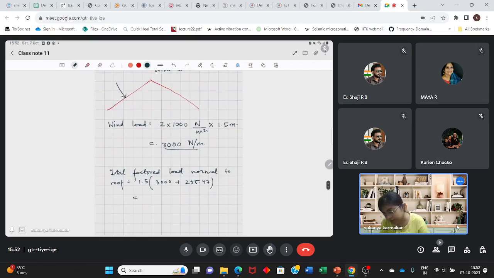This comes out to be 4883.20 Newton per meter.